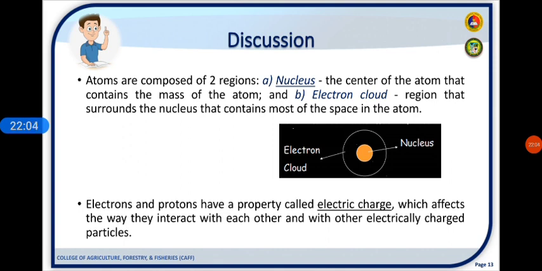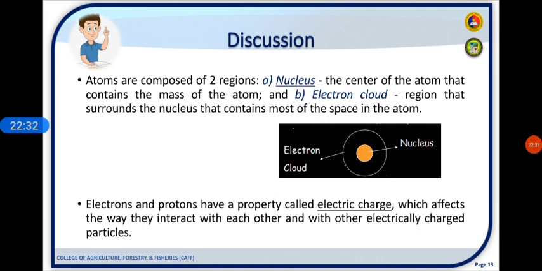By the way, the nucleus is made up of protons and neutrons, while the electron cloud region, from the word itself, is the region where the electrons are contained.